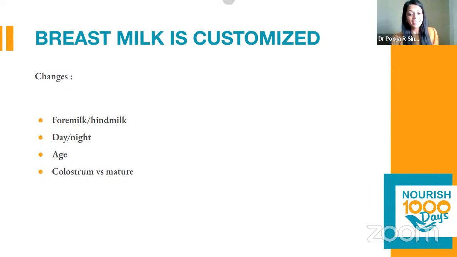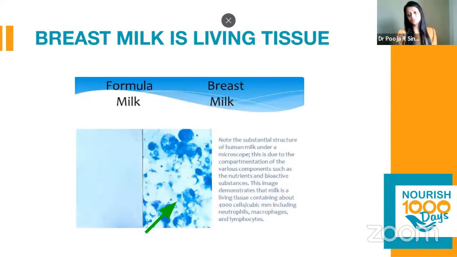Second thing about breast milk we need to know is that it's a living tissue. So it's very alive. You can look at this diagram, which shows that every cubic millimeter of breast milk contains about 4,000 cells, which include your neutrophils, macrophages, lymphocytes.